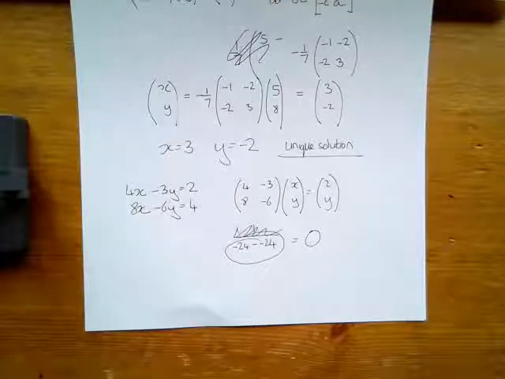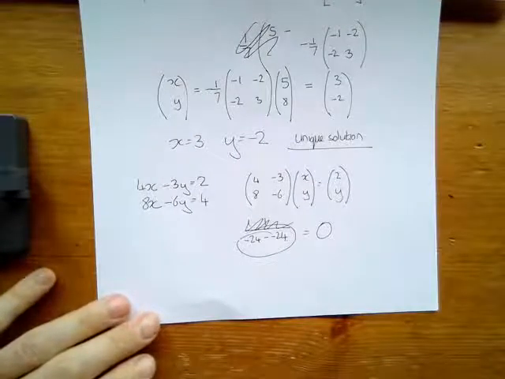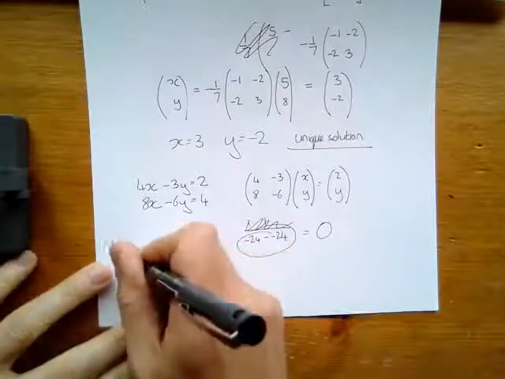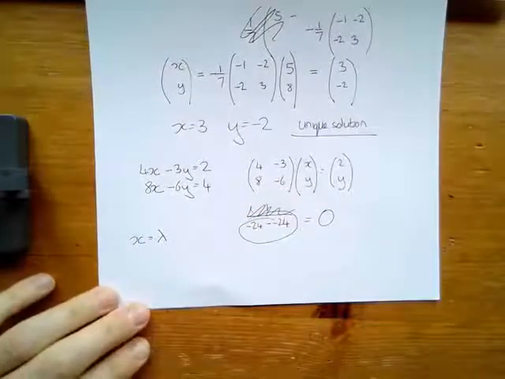What we tend to do in this situation is express our result by saying, let's suppose that x is a particular value, lambda. Then what could y be?